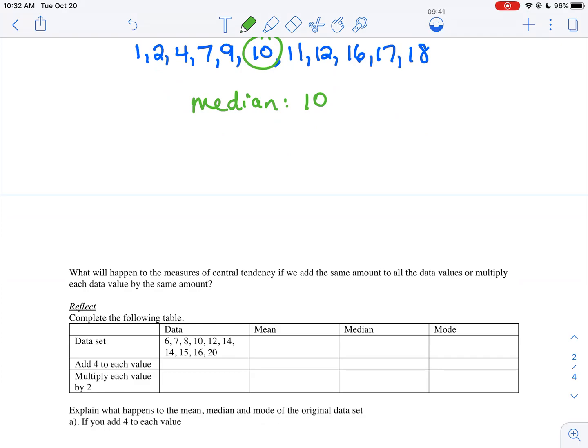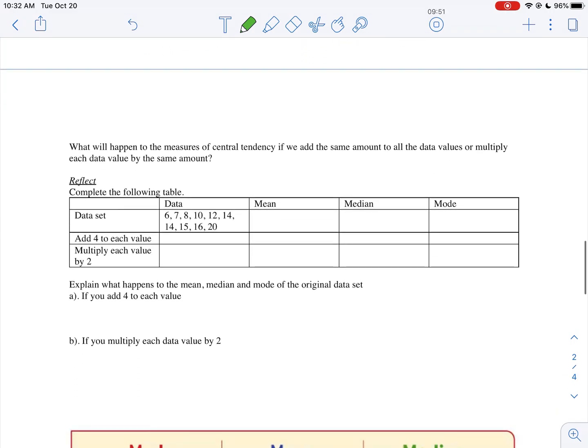All right, what will happen to the measures of central tendency if we add the same amount to all the data values or multiply each data value by the same amount? So what if I give you 6, 7, 8, 10, 12, 14, 14, 15, 16, 20.